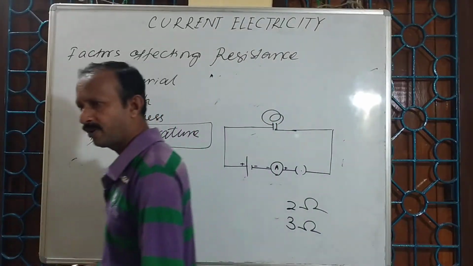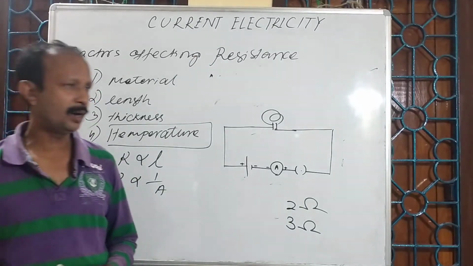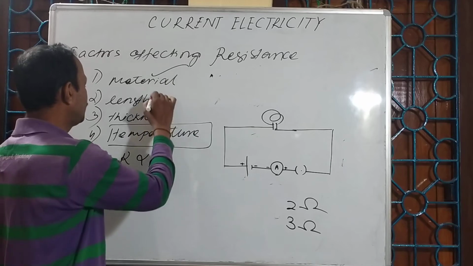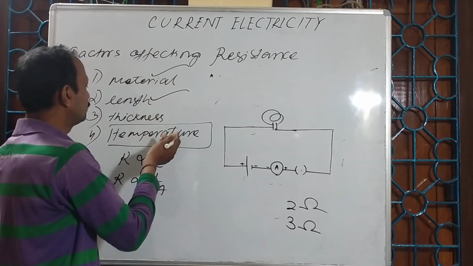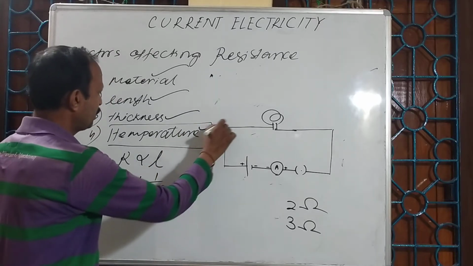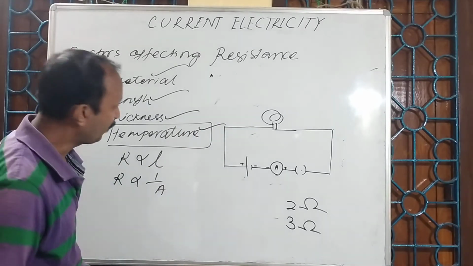So these are the 4 factors which affect the resistance. One is the nature of the material, one is the length of the resistor, one is the thickness or area of cross section, and one we discussed is the temperature.